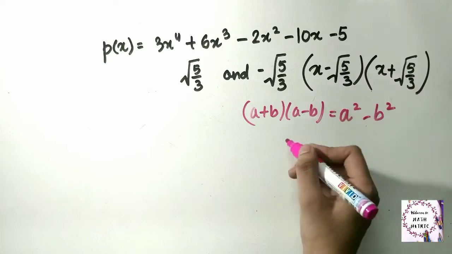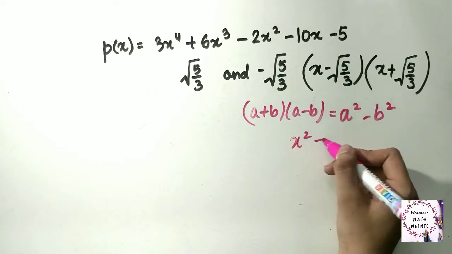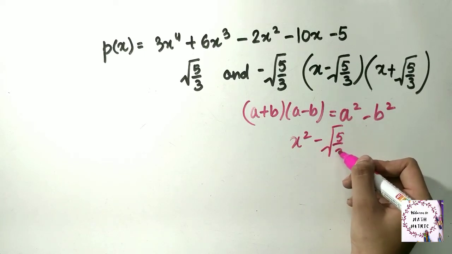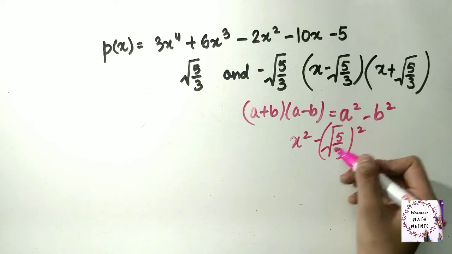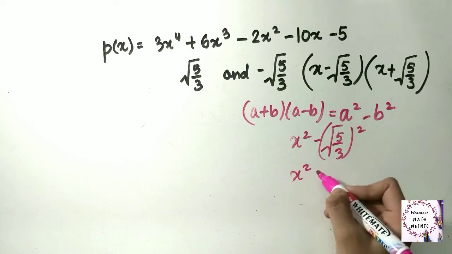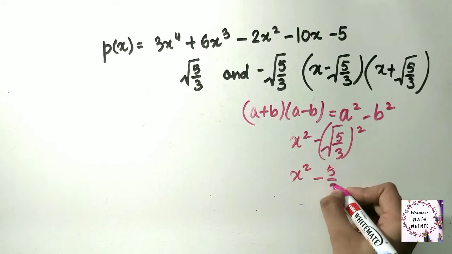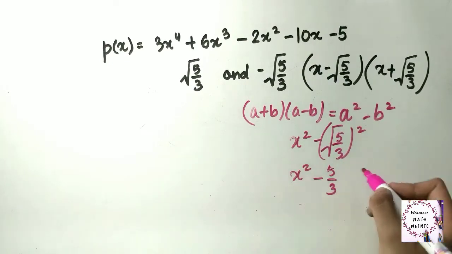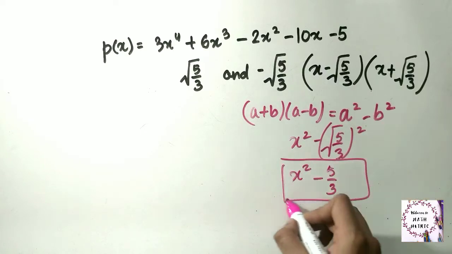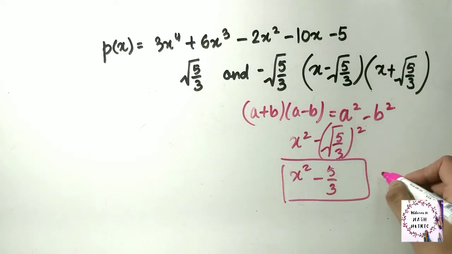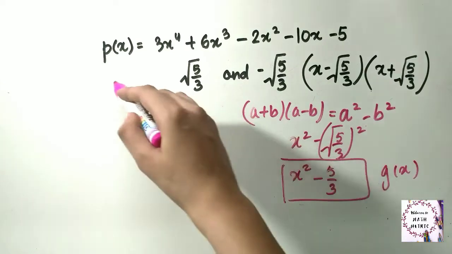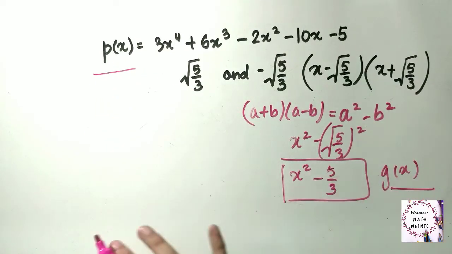So we'll solve this by that property. A minus b times a plus b is a square minus b squared. So x square is as it is, minus root gets cancelled by 2 and gives us 5 by 3. So this right here, a 2-degree polynomial, is g(x) of our question.